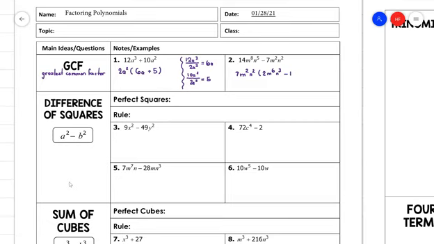Then from m squared to m squared, we still need a 1, and n squared to n squared, still a 1. So that is what my problem would look like with the GCF taken out. If it's asking you to find a GCF and factor it out, this is what it's asking for as your answer.